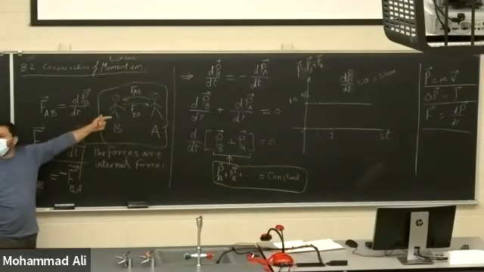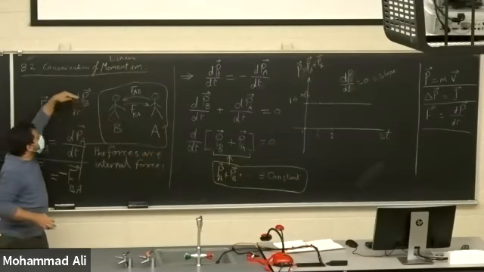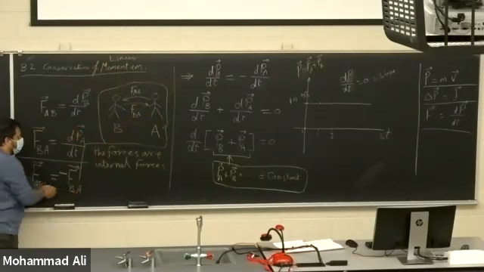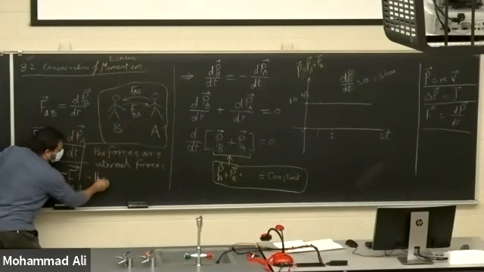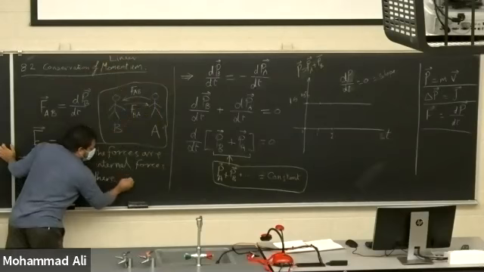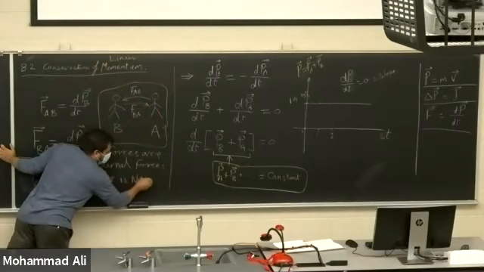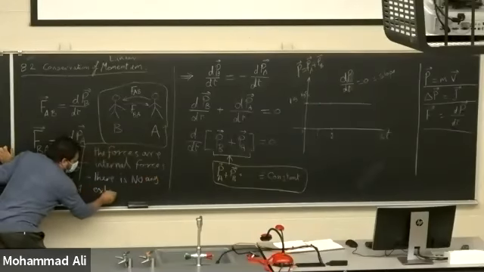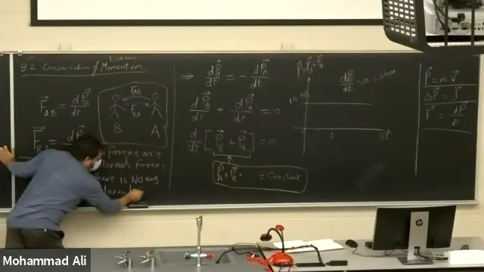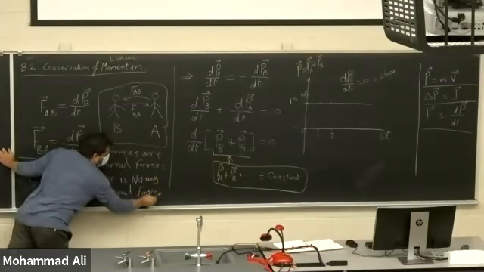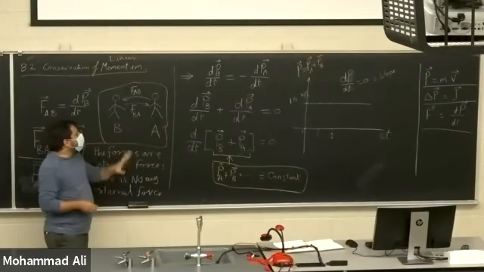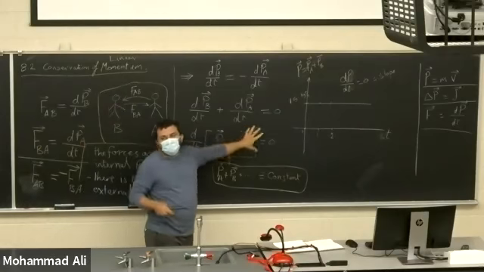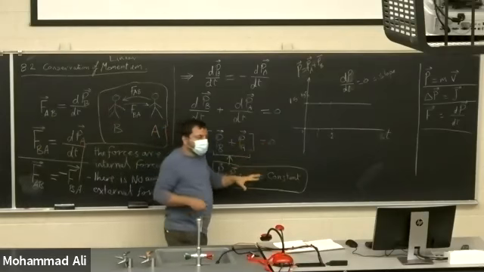We don't have any external force. We didn't apply any force from outside. There is no external force. If we apply any external force, then we will find that the momentum will change.